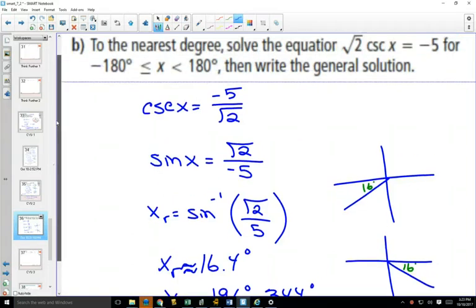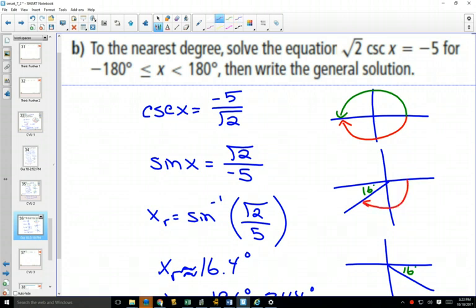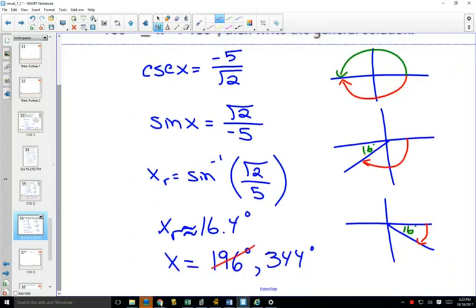But according to the domain they're asking for, from negative 180 to 180, can you see that that would be negative angles from 0 to negative 180 and positive angles from 0 to positive 180? So my two answers fall in quadrant 3 and quadrant 4. When I'm actually going to answer them, I'll need to find this angle and this angle, and the ones we found are not part of our solution.